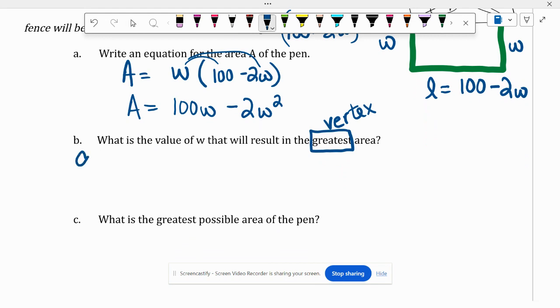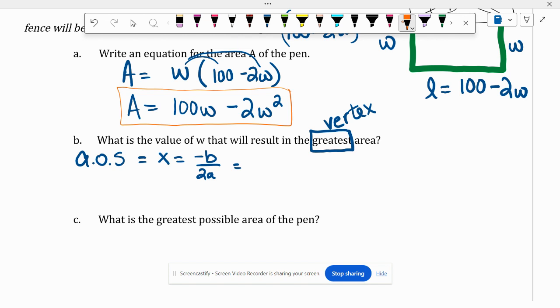Well, the only way to do that is to start with the axis of symmetry, which is x equals the opposite of b over 2 times a. Let's put this in standard form. What is this quadratic in standard form? What comes first? Negative 2W squared plus 100W, okay? And we're going to say equals 0.